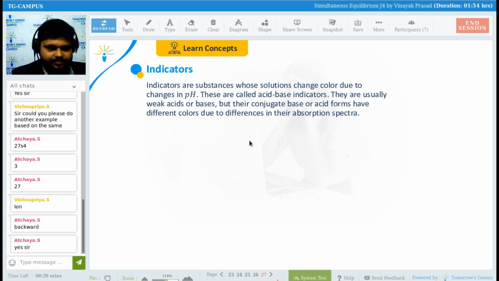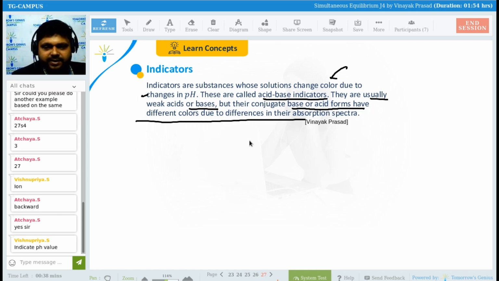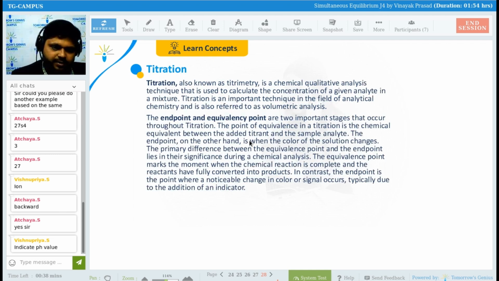See here. Indicators are substances whose solution changes color due to change in pH. Yes, Vishnu Priya, somewhat that is correct. These are called acid-base indicators. They are usually weak acids or bases, but their conjugate base or acid forms have different colors due to difference in their absorption spectra, right?